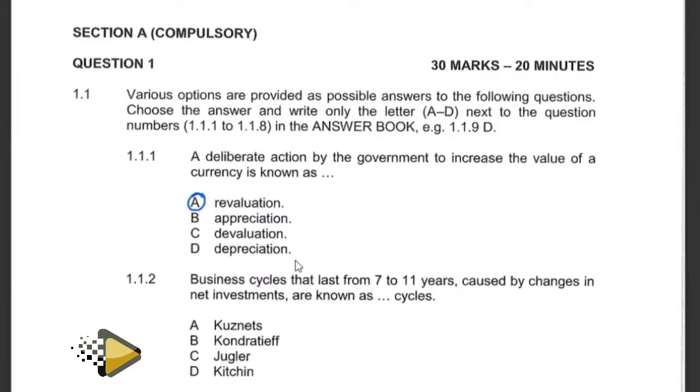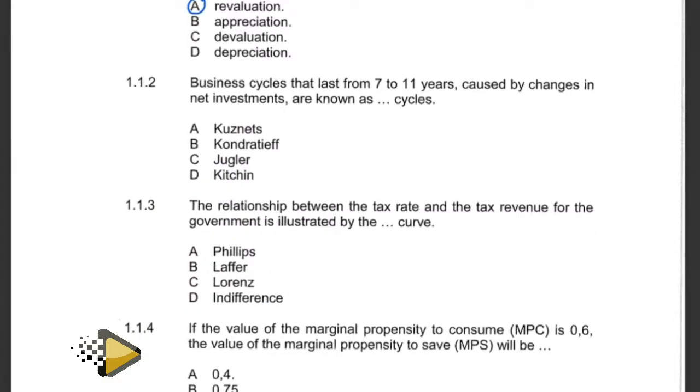Okay, right, grade 12. So now moving on to the next question. 1.1.2 reads as follows. Business cycles that last from 7 to 11 years caused by the changes in net investment are known as Juglar.